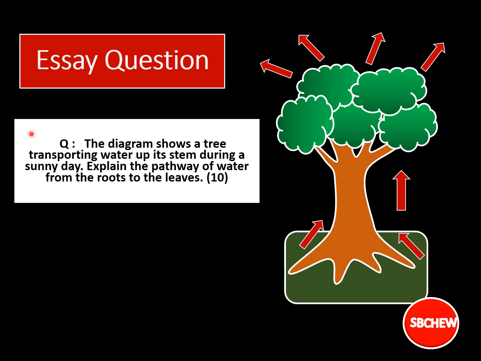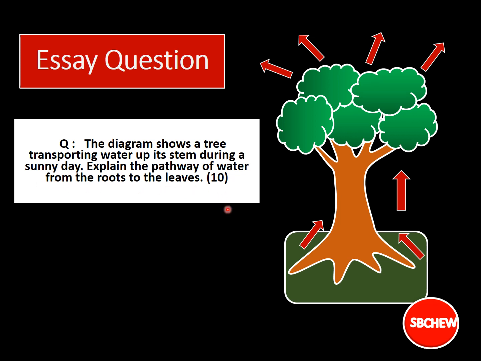So here is an essay question that is similar to the ones that came out in the exams concerning transport of water. The diagram shows a tree transporting water up its stem during a sunny day. Explain the pathway of water from the roots to the leaves. 10 marks.